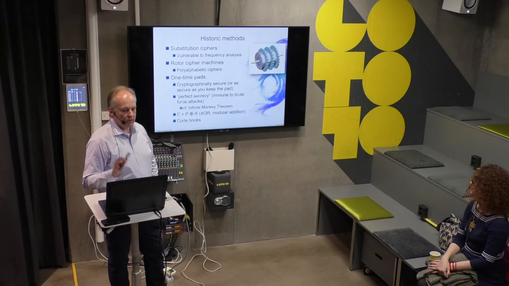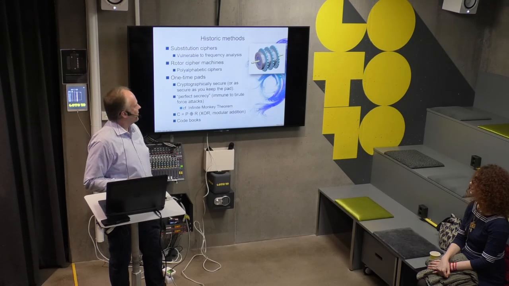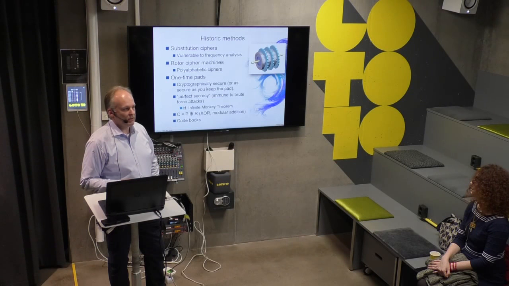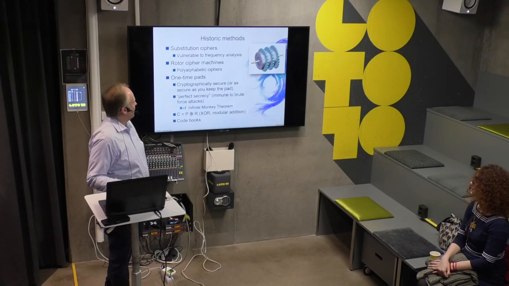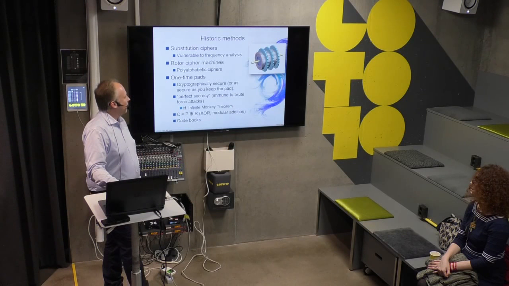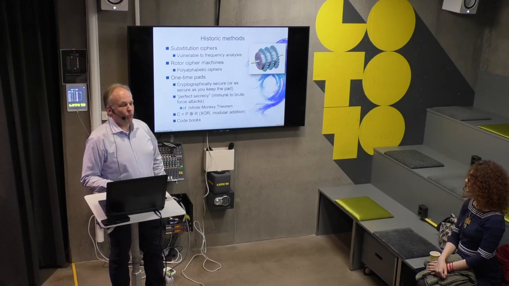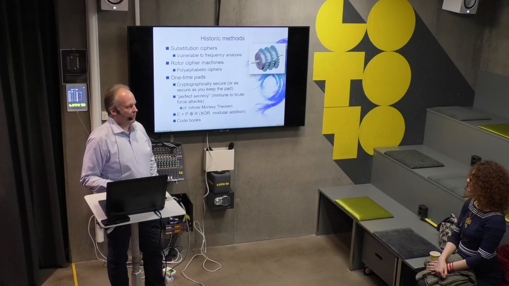And for thousands of years we have used what's called substitution ciphers. You might be familiar with those. If you've watched any movies from the Second World War, you have seen the Enigma machine, which is an example of a polyalphabetic cipher, where you basically swap one character for another in a systematic fashion.